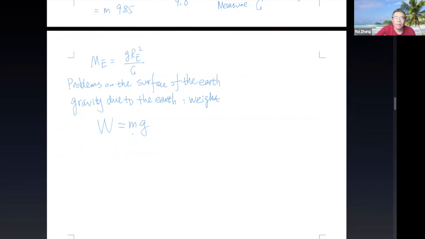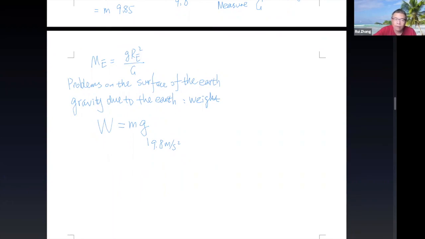It's the same thing. I want to point out, this g here has the unit of meter per second squared. See, this is 9.8 meters per second squared. It has the unit of an acceleration. But in this case, it is not a real acceleration. It is just a number to convert the mass to the weight.